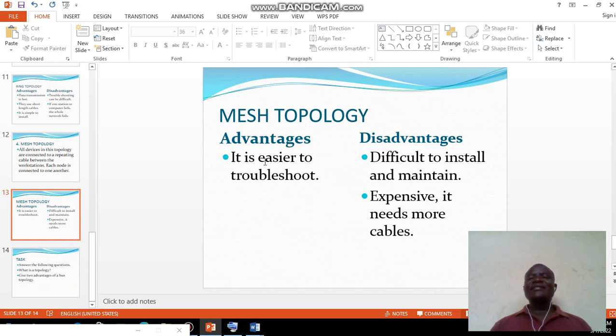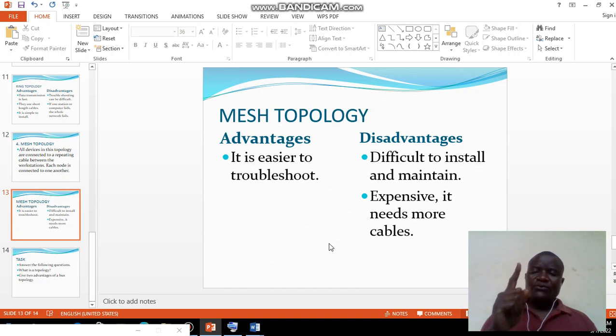Advantages. It is easy to troubleshoot. On the other side, it is difficult to install and maintain. It is also expensive because it needs more cables. For you to install a network using this topology, you need more cables. Therefore, it becomes difficult.